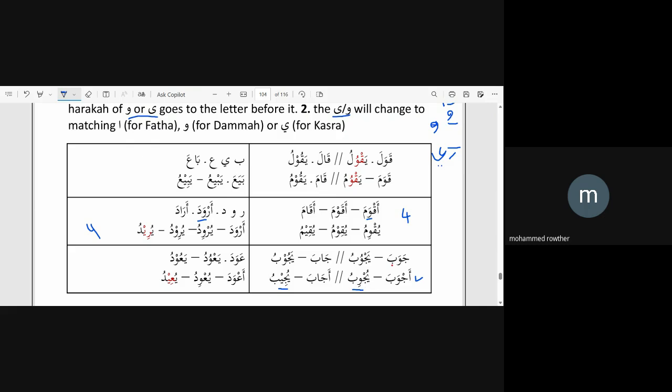And waw has kasra. So yujwibu is hard to pronounce, so we make a change: waw kasra into ya sukun. So yujwibu into yujibu. Good, mashallah.